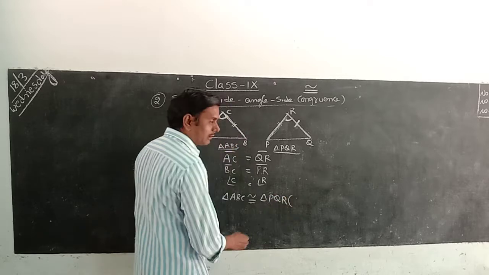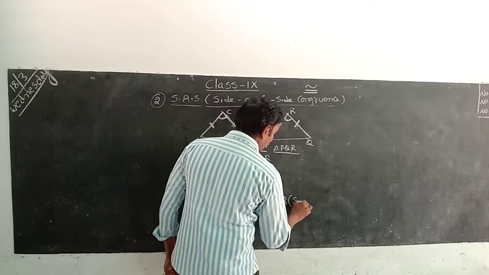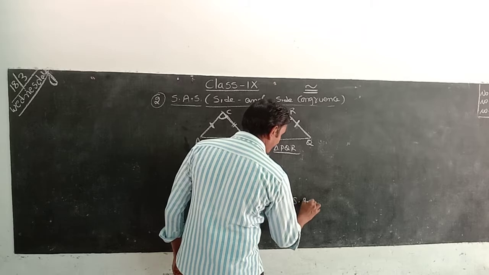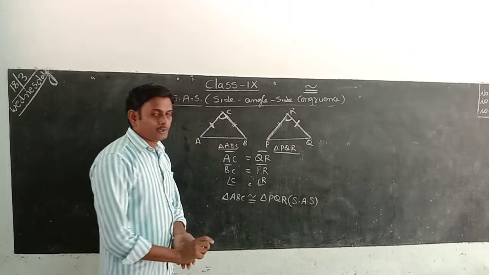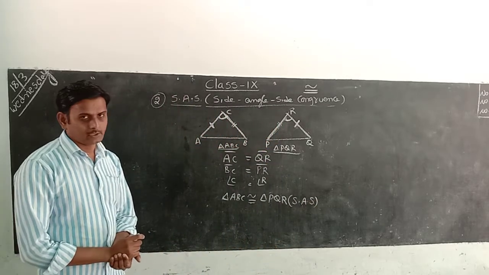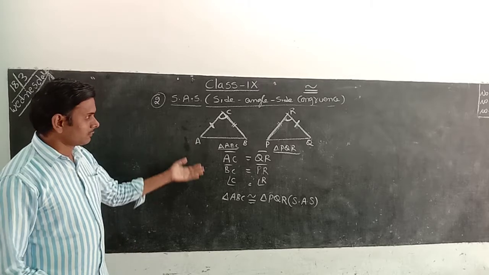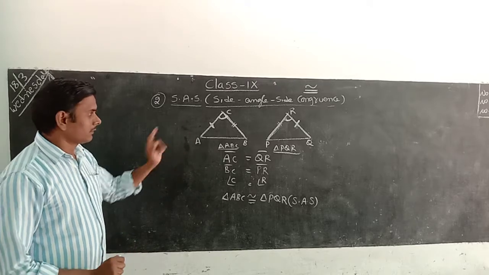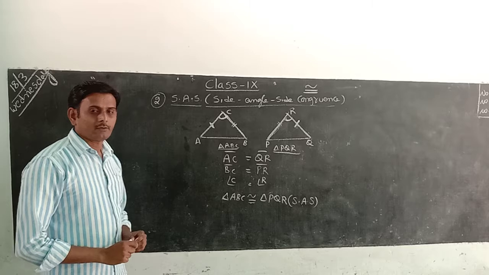By which criteria? SAS criteria. According to the SAS rule, this is the congruence. This is the second one. What is the second one?